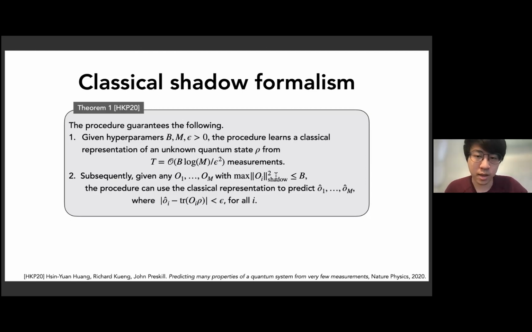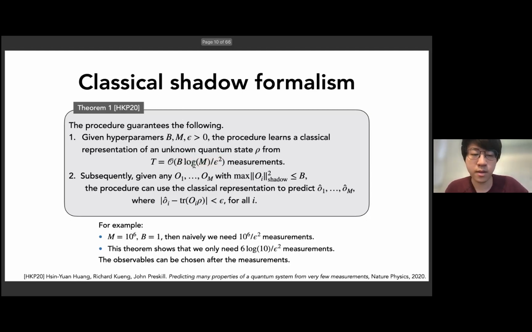And furthermore, you can see that in the first step, the number of measurements required is only B log M over epsilon squared. So now, for example, if one wants to predict 10 to the 6 different observables with a norm bounded by 1, naively, in the experiments, we would need to perform 10 to the 6 over epsilon squared measurements, if we just measure each observable individually.